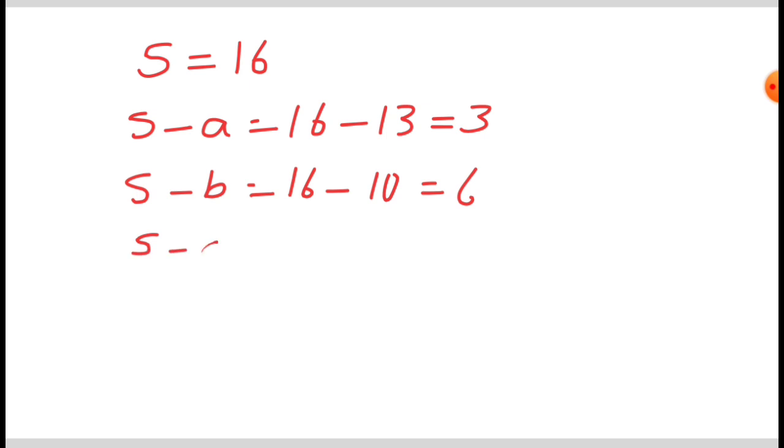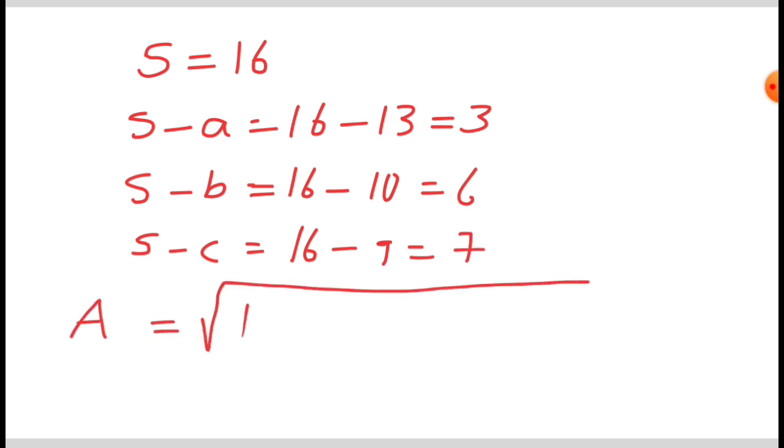Then we have to find s minus c, that is 16 minus 9, which gives 7. So area of the ADB triangle equals square root of s, which is 16, times s minus a, that is 3, then s minus b, that is 6, s minus c, that is 7. So here instead of 6, we can write it as 3 times 2, isn't it?